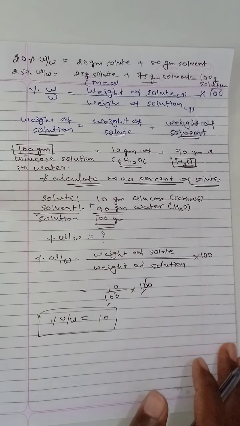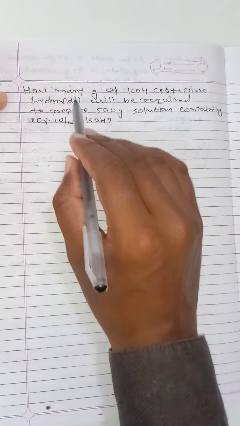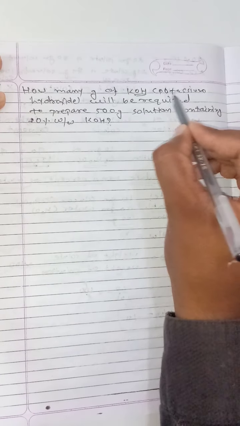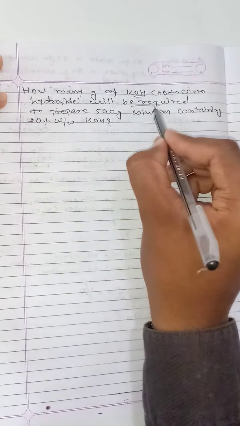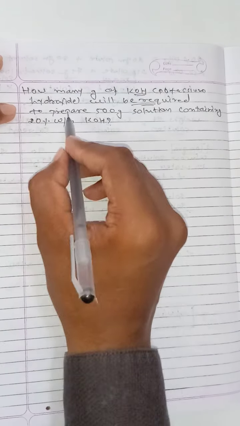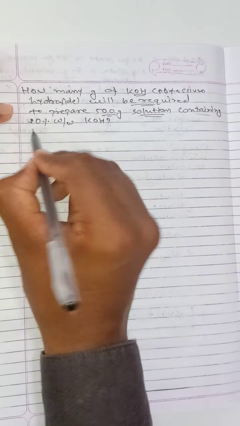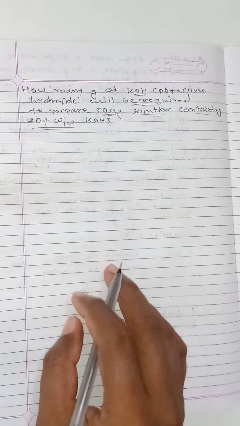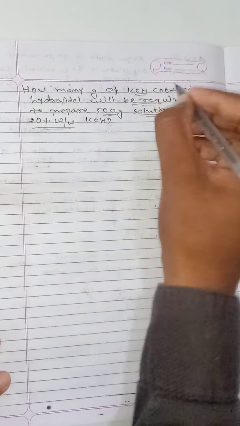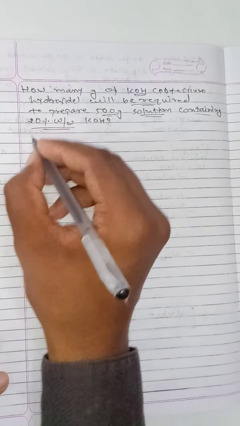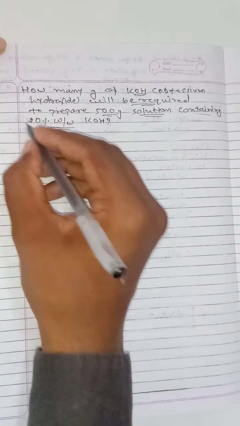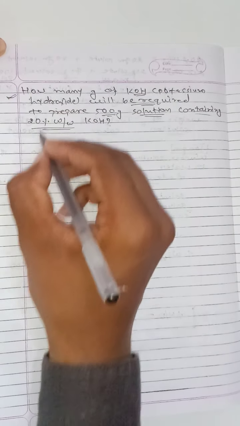Now let's see another example. Here, how many gram of KOH, potassium hydroxide, will be required to prepare 500 gram solution containing 20% weight by weight KOH. See here the data. First of all, write down the data from here.